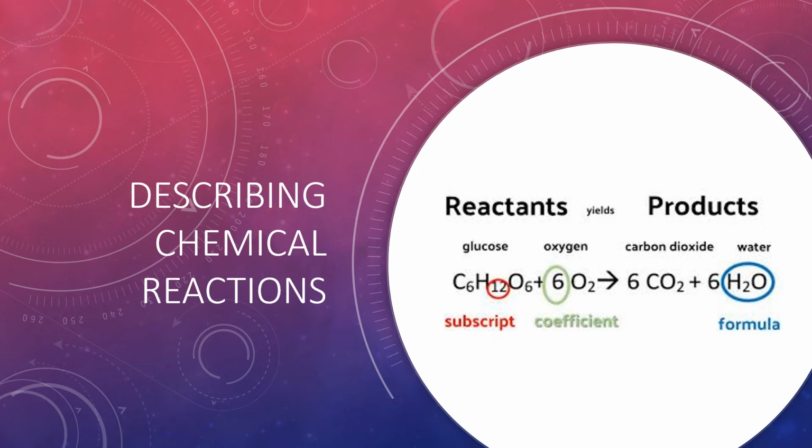The formulas for the reactants are written on the left, followed by an arrow, which is read as yields. The formulas for the products are written to the right of the arrow. Plus signs are used to separate two or more reactants or products. And simple as that, you have a chemical equation.